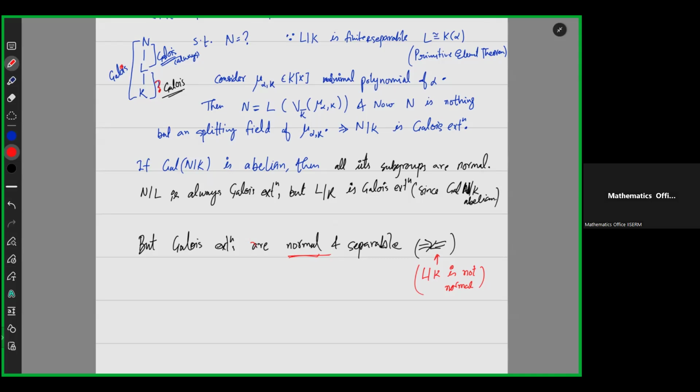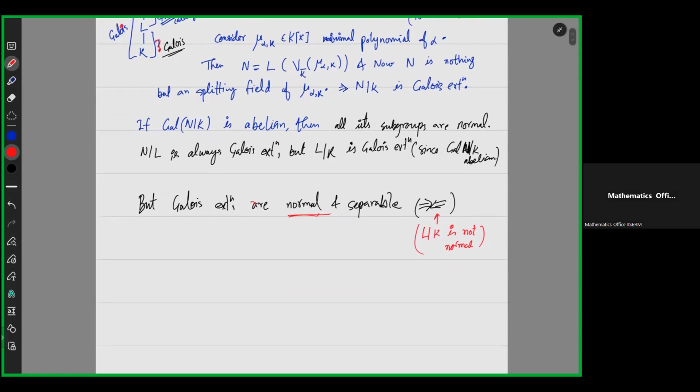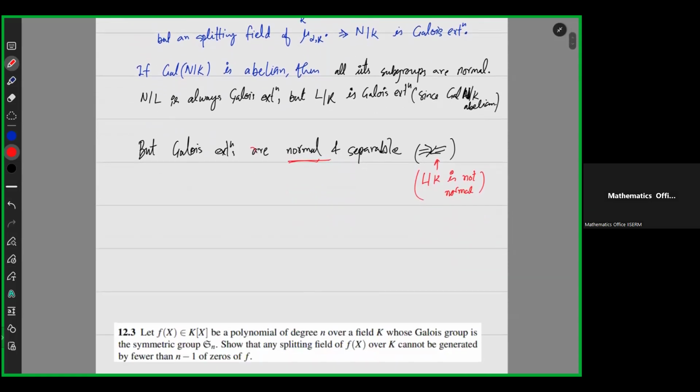All the subgroups correspond to some intermediary fields, but only those groups which are normal give Galois extensions. Let me recall the Galois correspondence here.